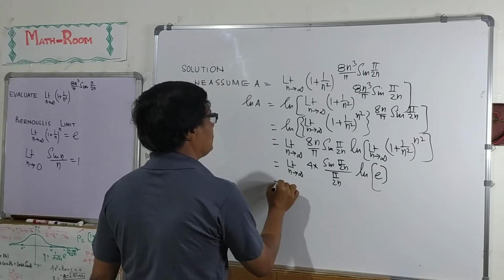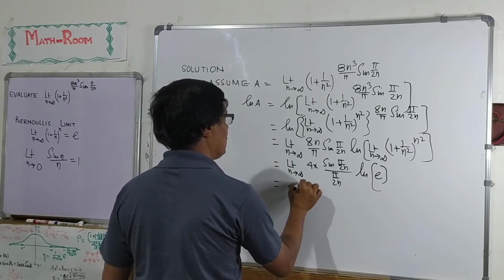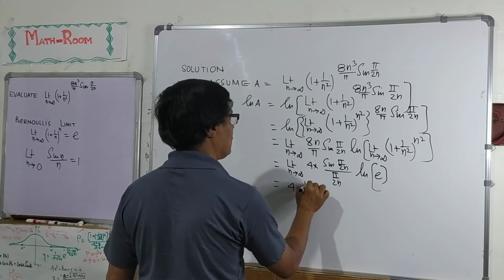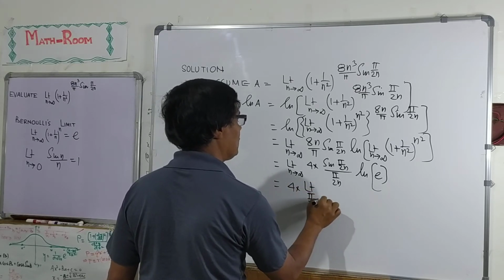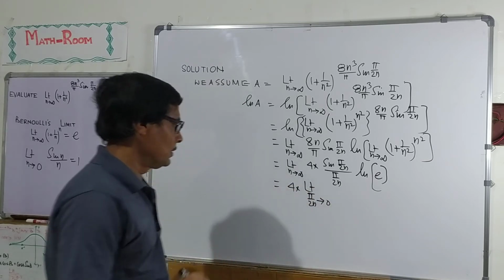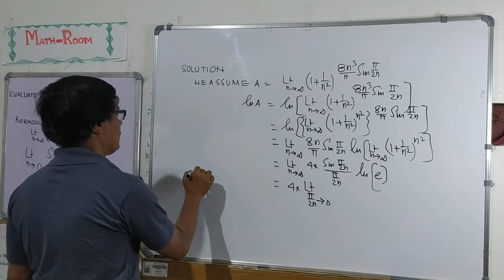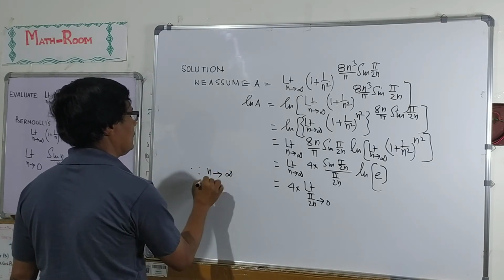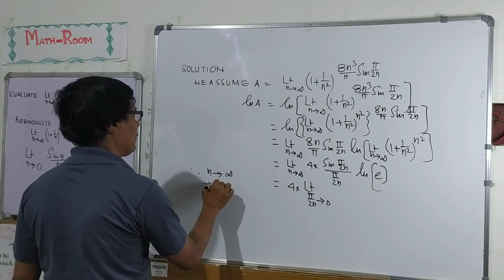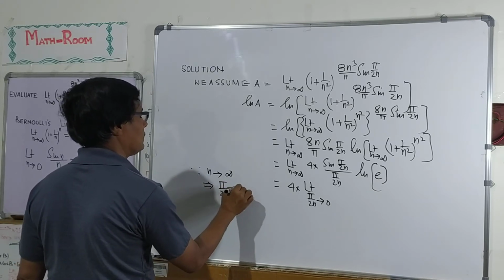And also 4 into limit. Why does pi over 2n tend to 0? Because n tends to infinity, this implies pi over 2n tends to 0.